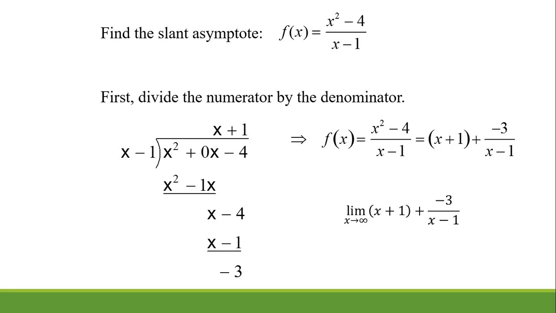So when we take our limit as x approaches infinity, the fraction in essence becomes so close to 0 that this expression becomes really close to x plus 1. So we can say that y is getting really close to x plus 1, which means the equation of our oblique asymptote is y equals x plus 1.